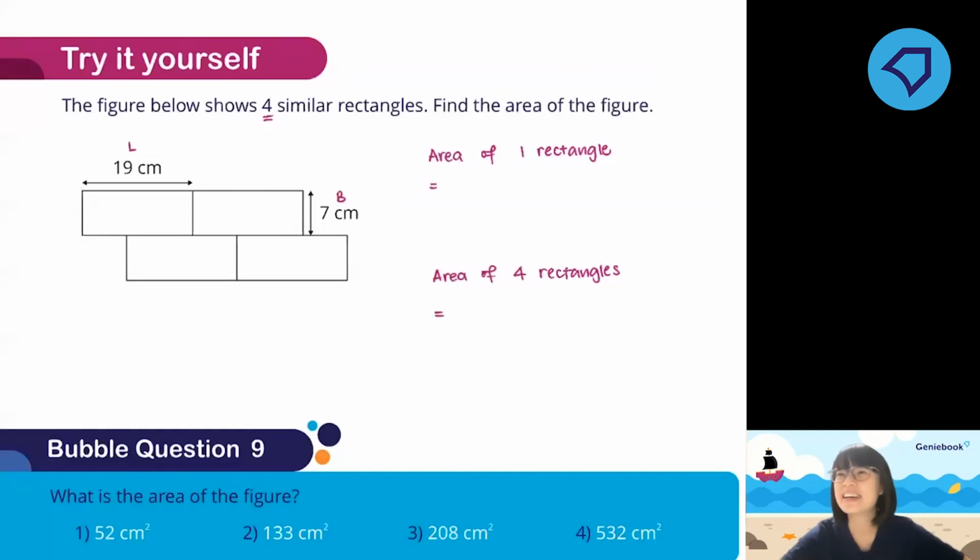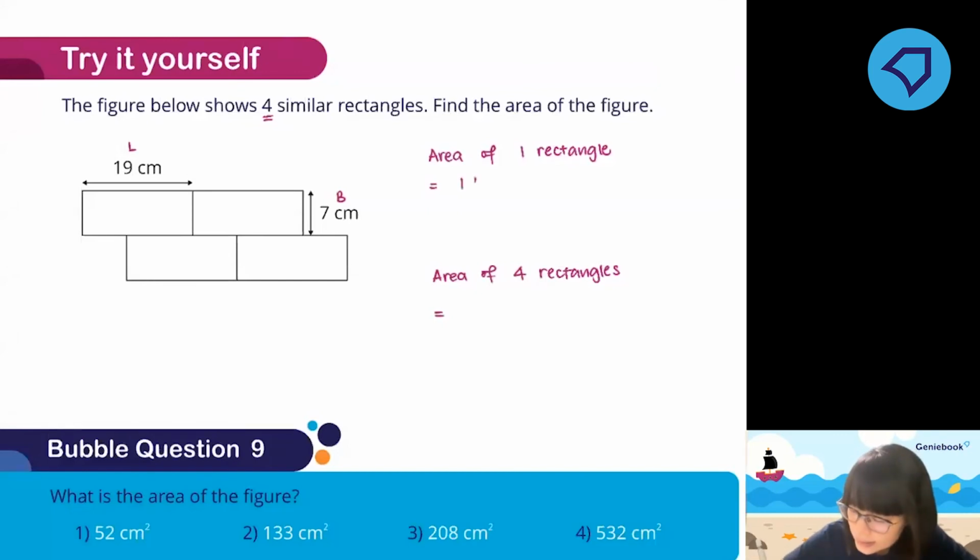All right. Okay, so let's take a look. A lot of you got the correct answer. A handful of you also gave me option number 2. For those of you who gave option number 2, you are missing one more step. To find the area of one rectangle, we need to take length times breadth. The figure shows us that the length of one rectangle is 19 centimeters and the breadth is 7 centimeters.